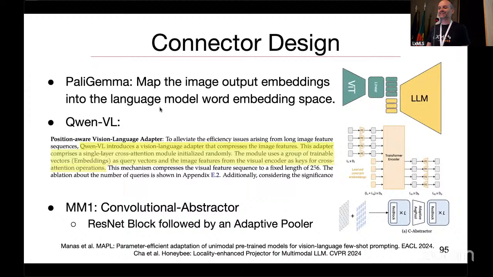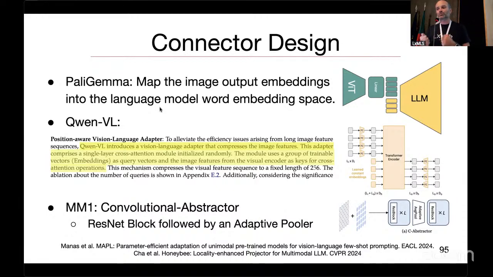In terms of the connector design, well, PaliGemma was an approach to try to map the image output embeddings from the vision transformer into the language model word embedding space directly using a simple linear projection layer and nothing else. And so this is also a follow-on from the ideas of the Frozen paper from 2021.